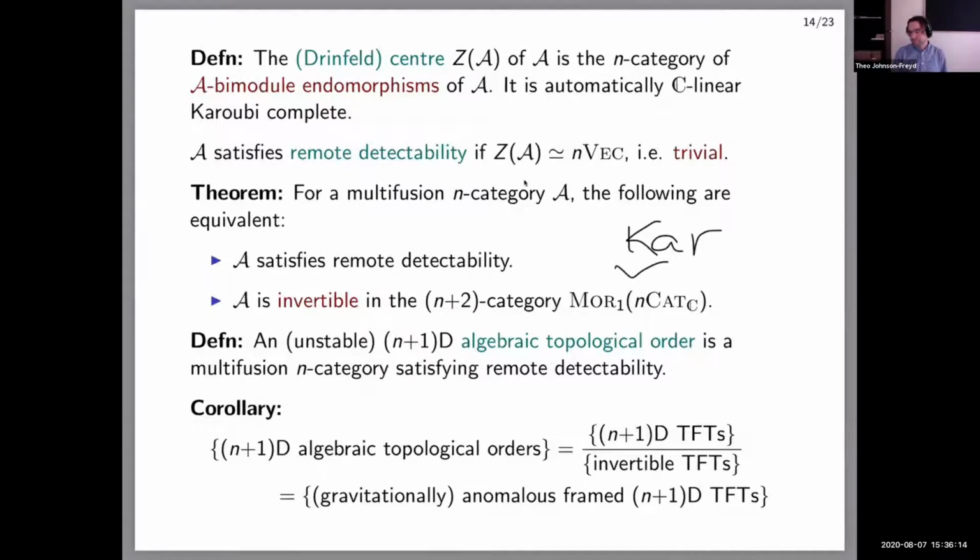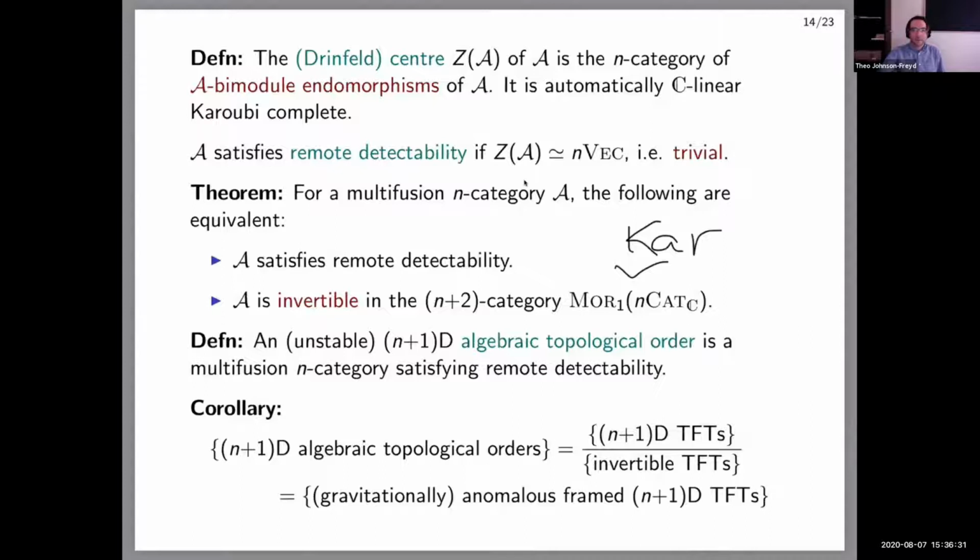Okay. So that completes the definition that Xiaogang and Liang and their collaborators have asked for of a multifusion n category with remote detectability.